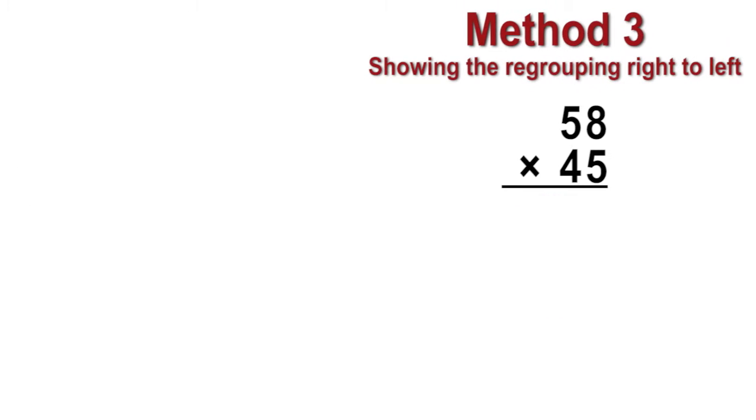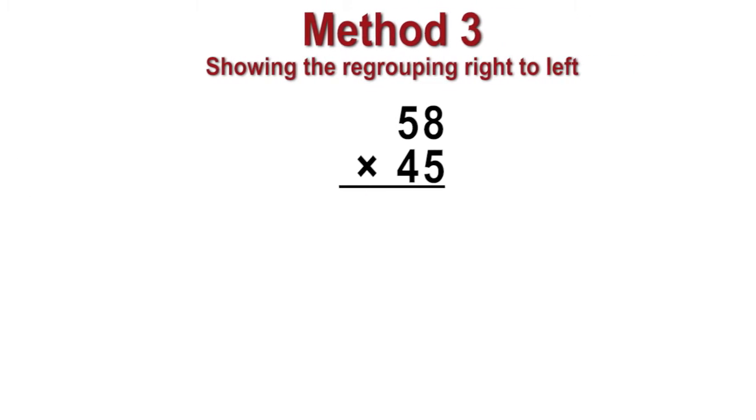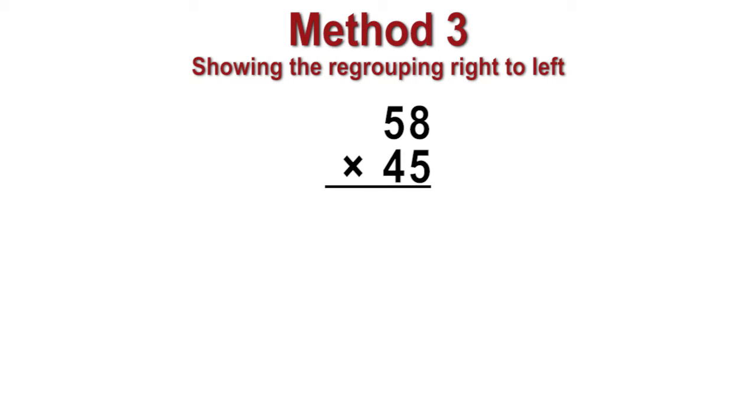Method 3 shows the partial products written as diagonals and allows the regroup numbers to be written below the line and thus in the correct place, and goes from right to left. Start with the 5 times 8 is 40. The 0 will go in the ones place and the 4 will go in the tens place in a diagonal. Next will be 5 times 5 tens for 25 tens.